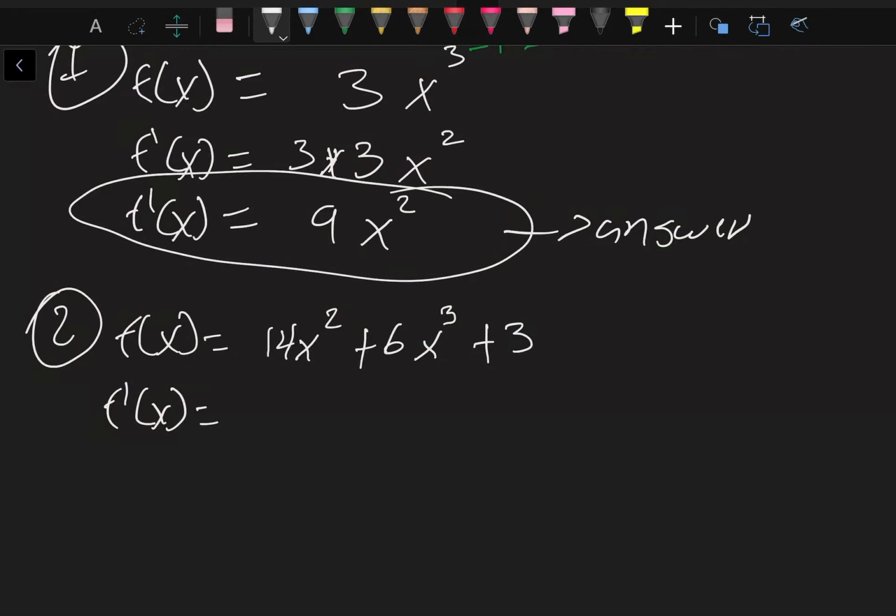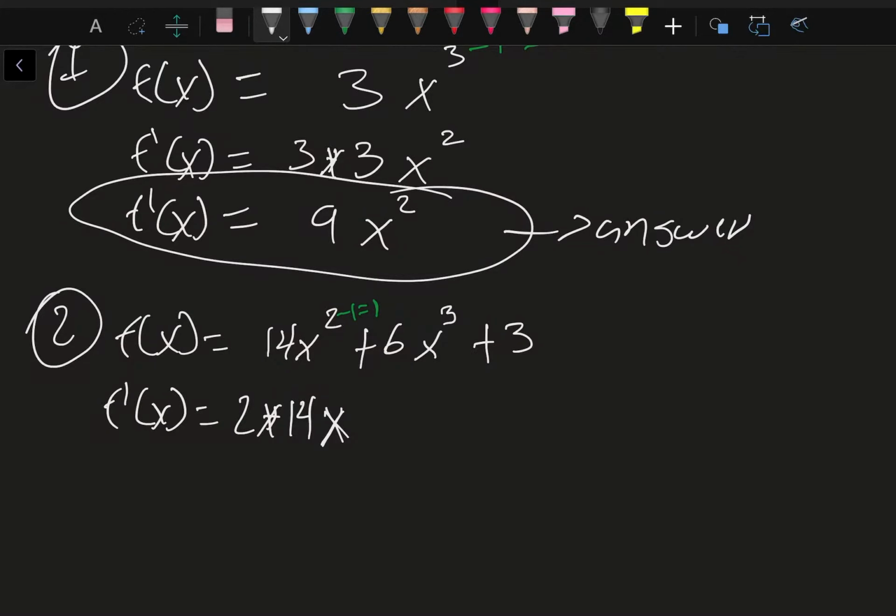So f of x prime is equal to, like we did in our last example, first thing we have to do is multiply the exponent times the coefficient, and then reduce the exponent by 1, which is equal to 1. So our variable is x raised to the 1.